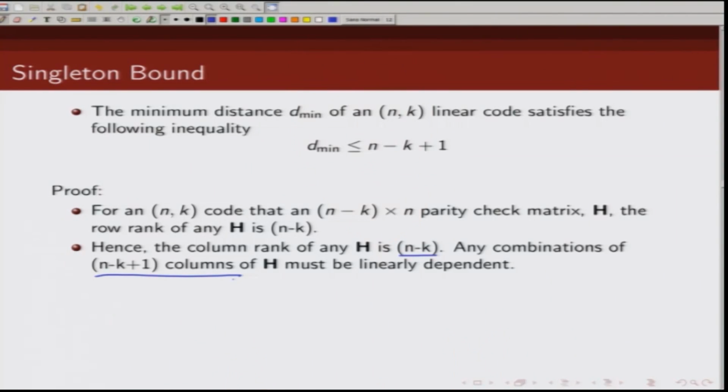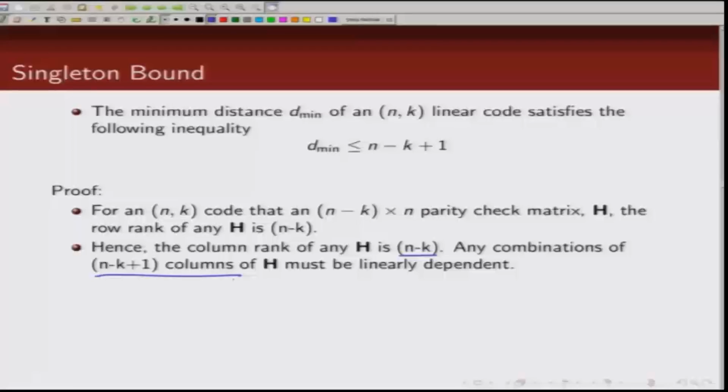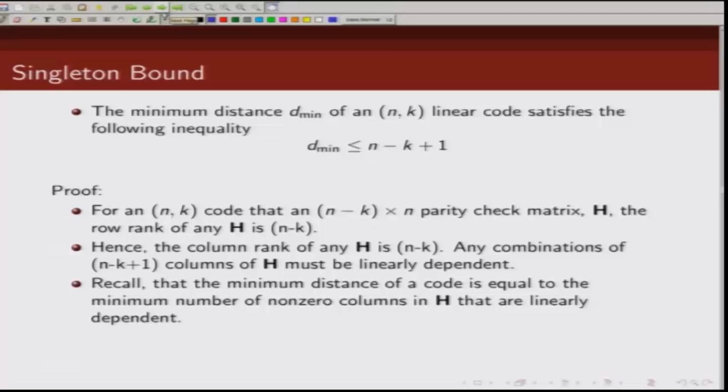And what do we know? What is the relationship between the columns of the parity check matrix and the minimum distance of a code? Now, we know that the minimum distance of a code is equal to the minimum number of non-zero columns in the parity check matrix that are linearly dependent.